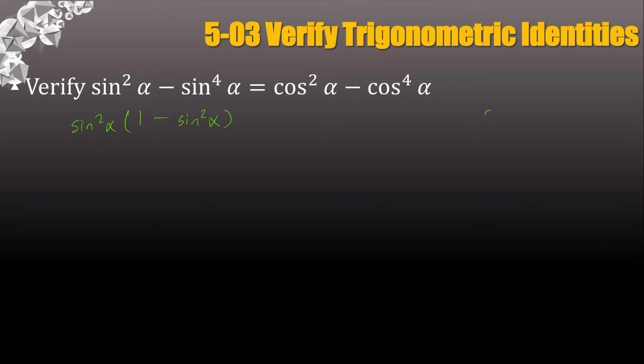Well, sine squared u plus cosine squared u is 1. If I subtract the cosine squared, I'll get sine squared is 1 minus cosine squared. So where the sine squared is, I'm going to put 1 minus cosine squared.